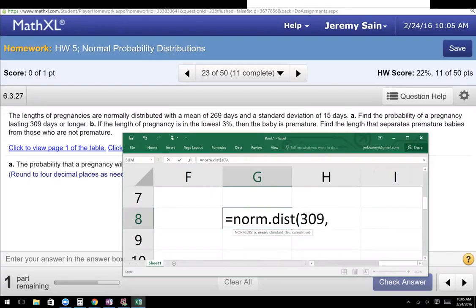The mean is 269. Standard deviation is 15. And from here on out in the class, that 0 or 1 on the end is always going to be a 1. So, all right. So the area to the left is 99%.